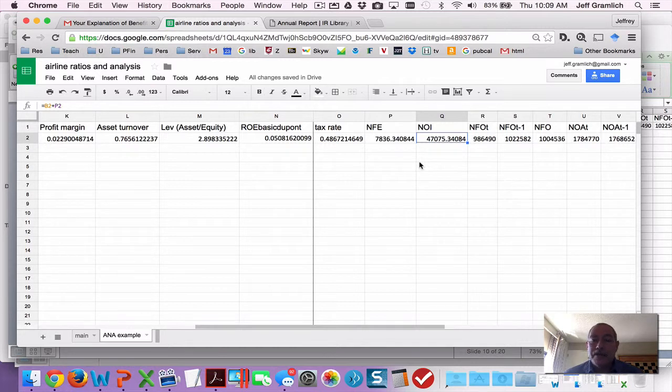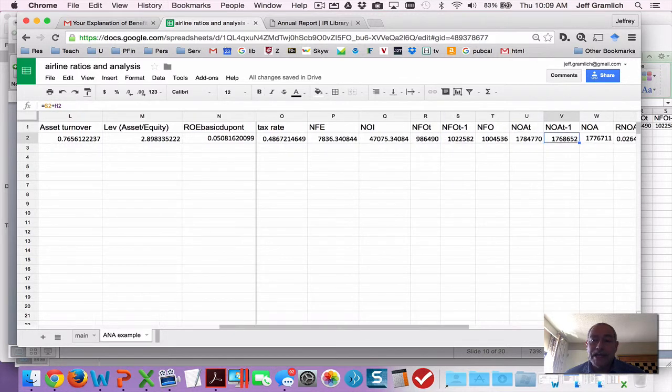Now, the next two items, net financial obligations and net operating assets, are balance sheet items. So you have to remember to use average balance sheet items. Net financing obligations: you see we've got the 609,802, 744, and 160.